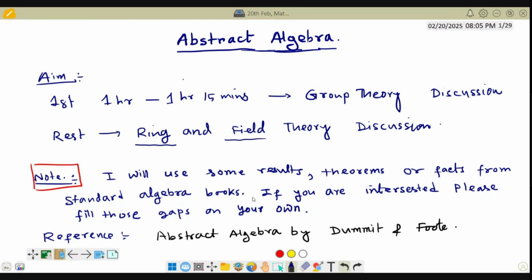I will use some standard results and theorems from standard algebra books. If you are interested in the proofs, you will find them in any standard book. If you have any doubts, please interrupt me and feel free to ask anything during the discussion.